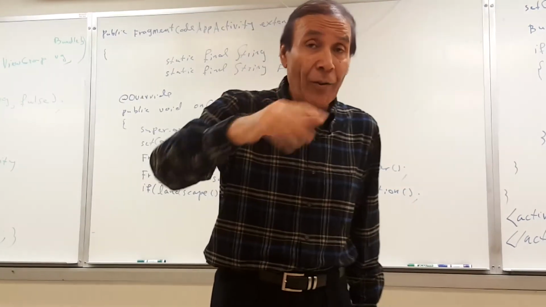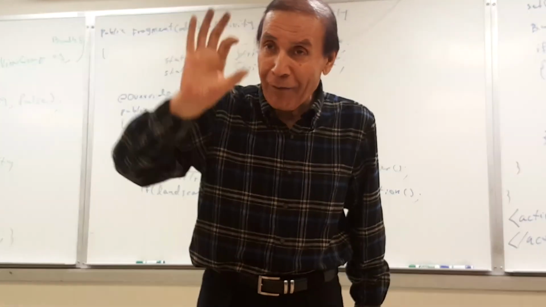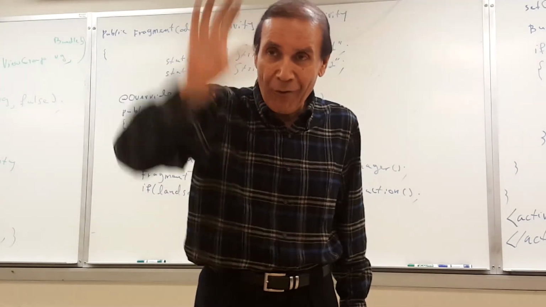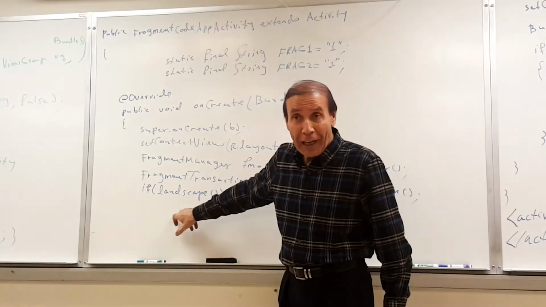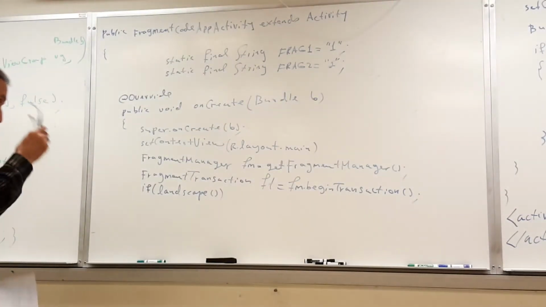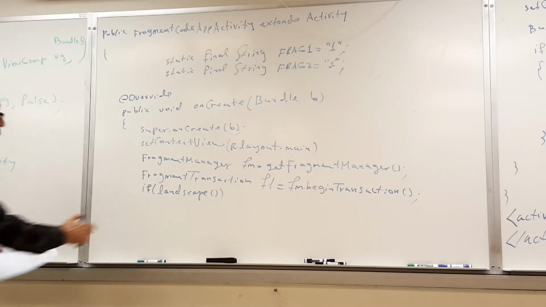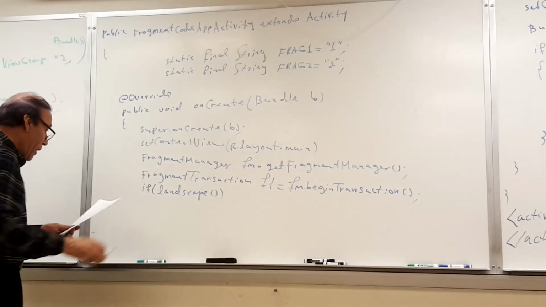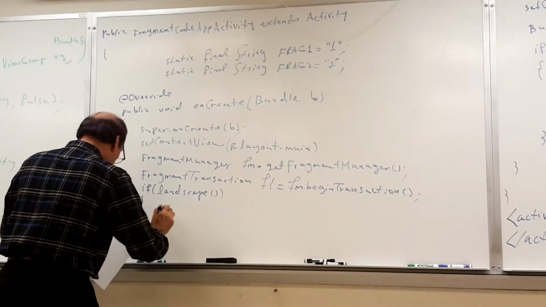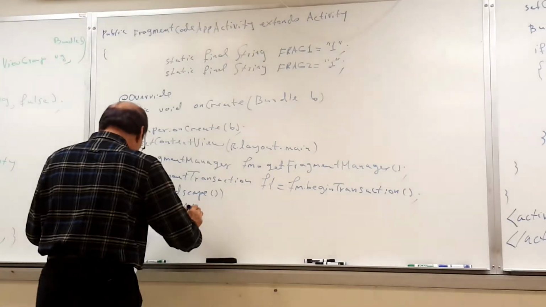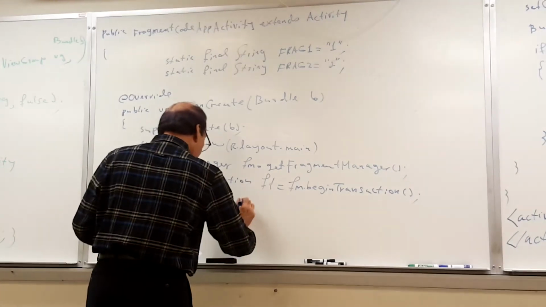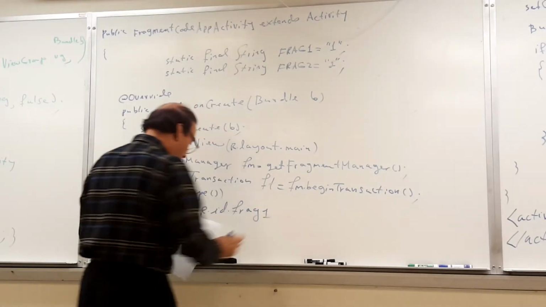When we were doing that statically, we use what? Fragment inside our XML, right? But I didn't put fragment. I put what? Just a placeholder. Here, dynamically, I'm going to add them, using the fragment transaction object. See what I'm going to do. So we assume that landscape method is available. If it is, ft.add(R.id.frag1.